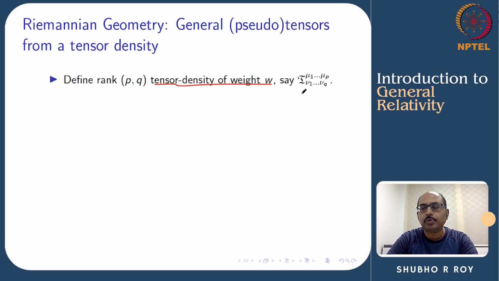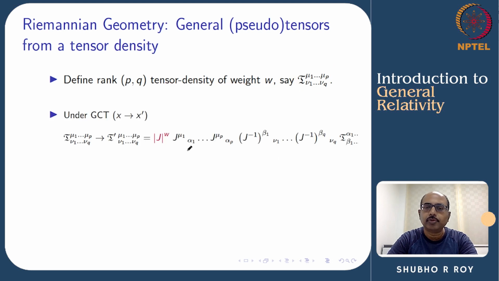So it's an object which has indices. I'm using the Gothic alphabet for this. So instead of T, the Gothic T, this is the rank P comma Q because it has P upper indices and Q lower indices. And it qualifies to be called a tensor density instead of a tensor if its transformation rule involves W powers of the Jacobian determinant.